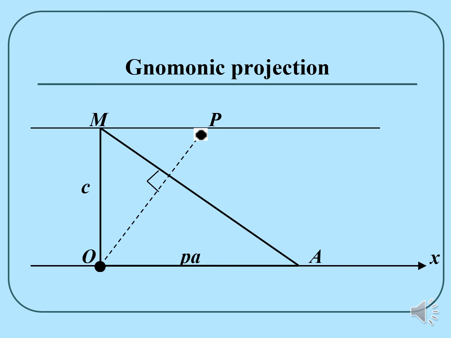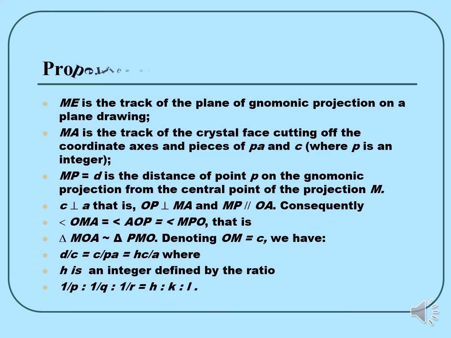Denoting OM as c, we have the next quotient: 1/p, 1/q, 1/r is the same as h k l, where hkl are the Miller indices.